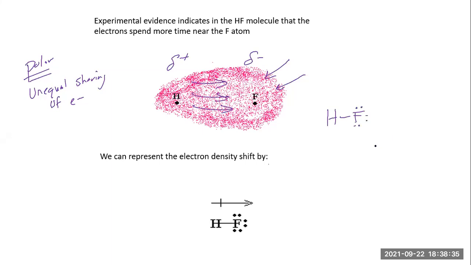If you were asked to include the dipole arrow or the partial charges, then you would have to do that. But in most cases, you probably would just be drawing the Lewis structure. But this partially positive and partially negative charge is really important for other interactions we'll talk about down the road. Okay. Other questions?